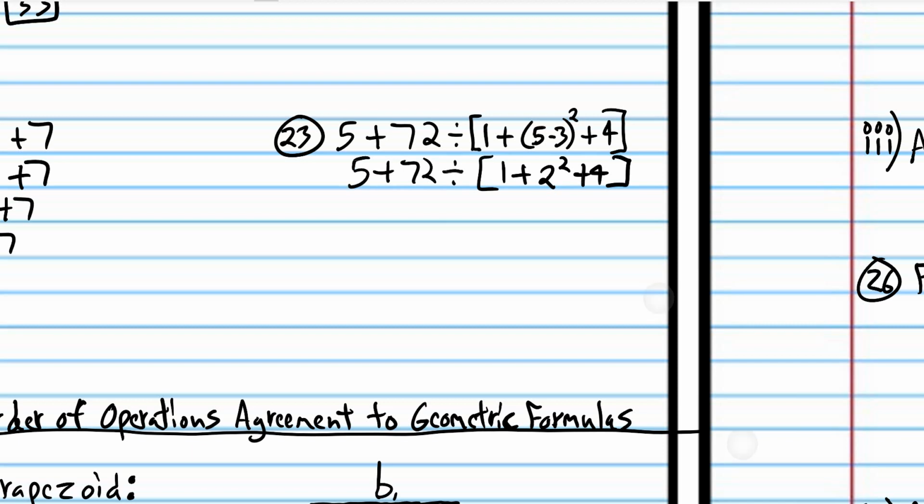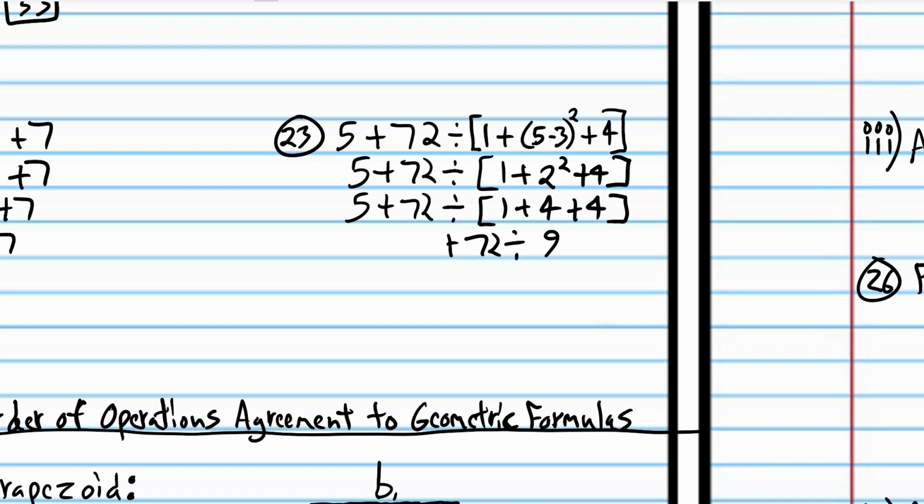And 2 to the second power is 4. And we can go ahead and just add all these numbers together. We don't really have to worry about moving left to right or doing it step by step. So 4 plus 4 is 8, plus another 1 is 9.